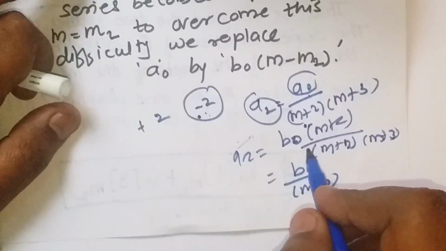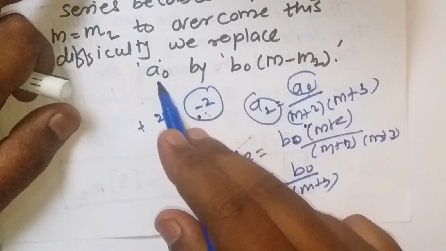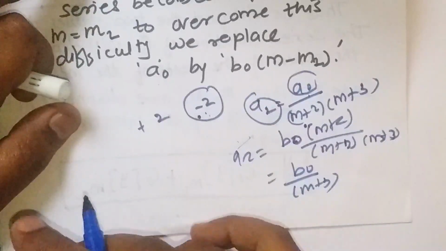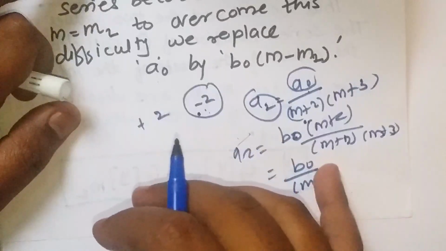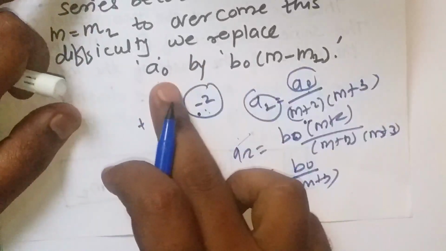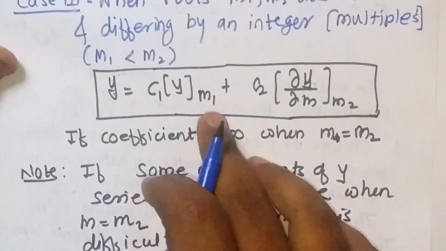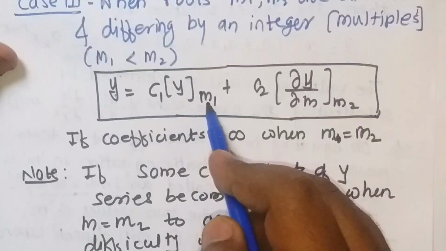All the problematic factors will get removed after this replacement of a0 by b0 into m minus m2, and later on we can determine the coefficients in terms of b0 instead of in terms of a0. After doing this, your solution can be written as y equal to c1 into y at m1.